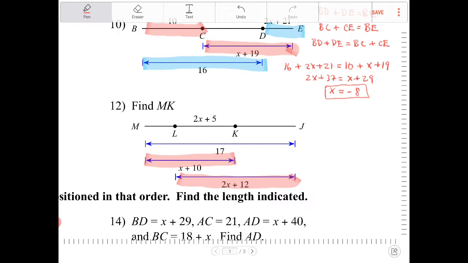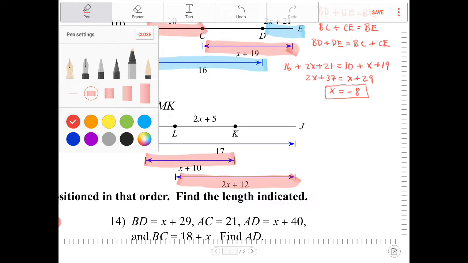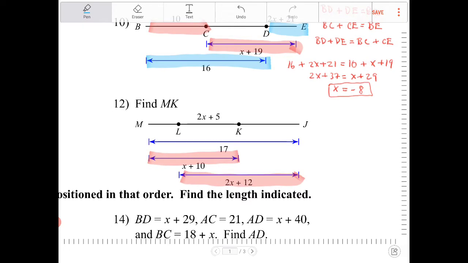So wait a minute. I'm going to take this color over here. I have this length LK, right? So what would happen if I were to do the following.